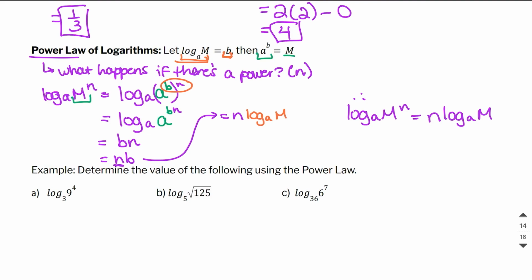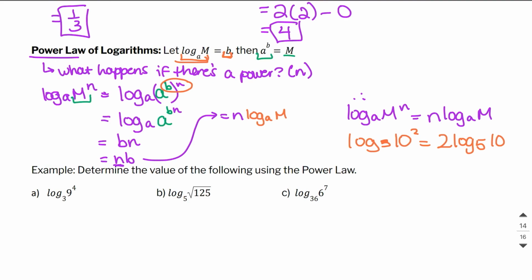This is going to be really helpful when we get ready to solve equations and use logs to help us solve these equations. For example, if I have log base 5 of 10 to the power of 2, that's the same thing as 2 times log base 5 of 10. I can just bring this exponent out in front, just like we have right here.